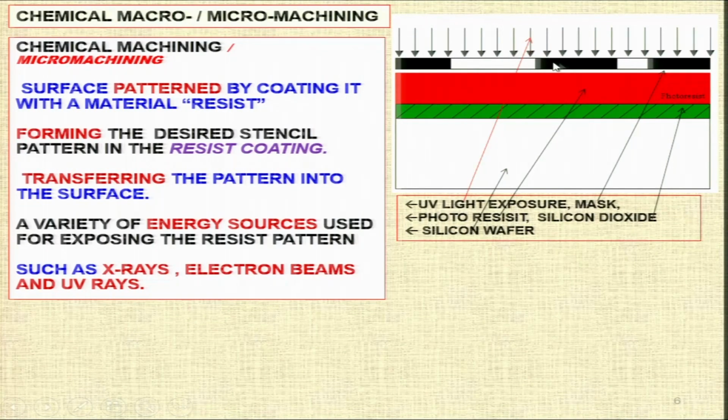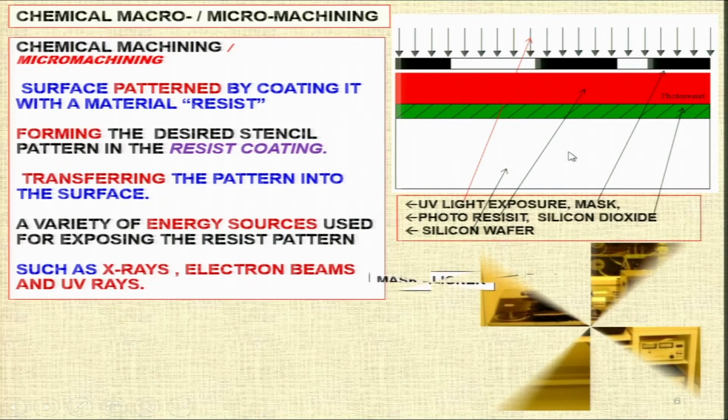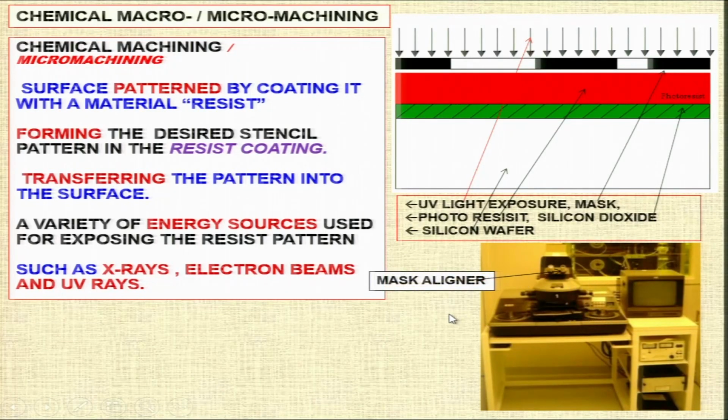This is the open space. This is the mask. Then you have photoresist. This is the photoresist, and then you have the silicon wafer over here, and this is the silicon oxide layer over here. This is important to note and remember these different constituents, so that later on we can understand the whole process properly. Mask aligner is very important, so some instrument is used for that purpose, and this is the photographic view of that mask aligner.